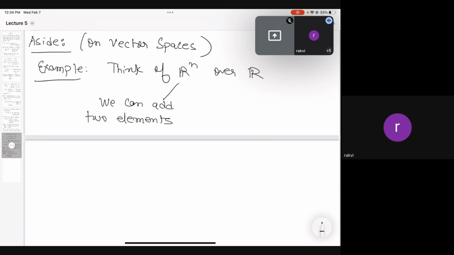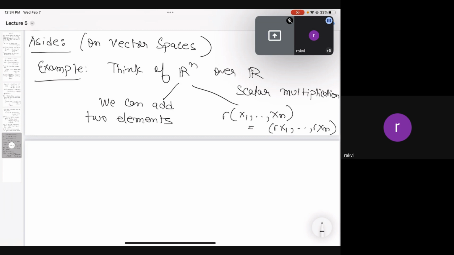That's our addition. And there is another operation, called scalar multiplication. If I take a real number and an element of R^n, how do I multiply them? I just multiply each coordinate by that scalar, so r times x1, and then r times xn. These are the two properties.